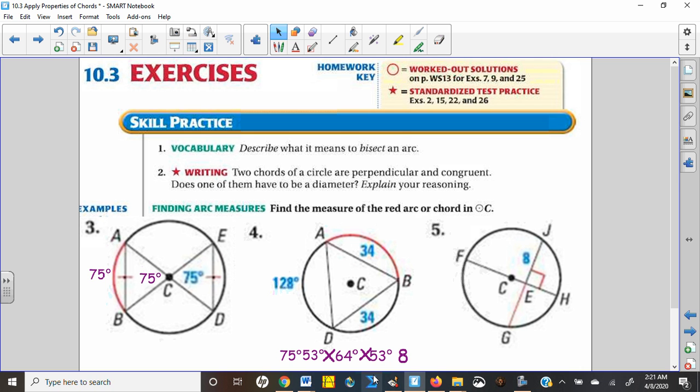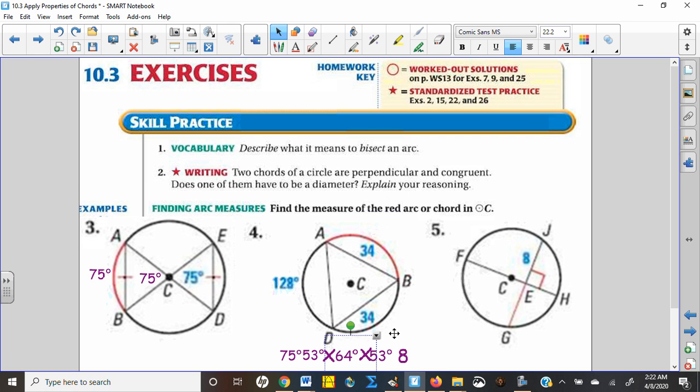That would be 232 divided by 2. So 116. So I believe you're going to get 116 for arc AB and 116 for BD, but we only needed AB, didn't we? So that should be the answer there.